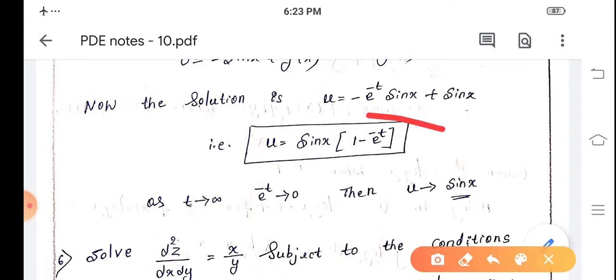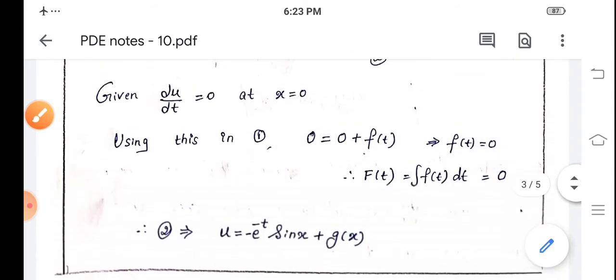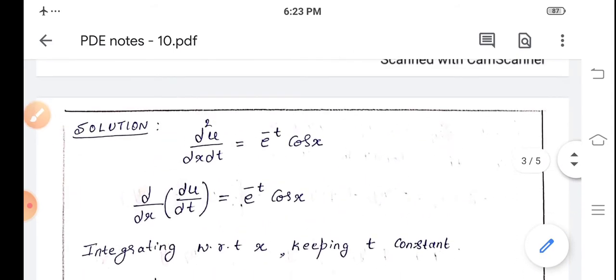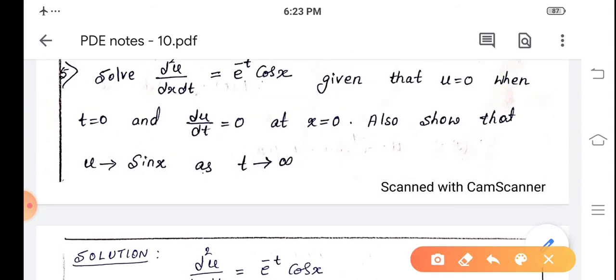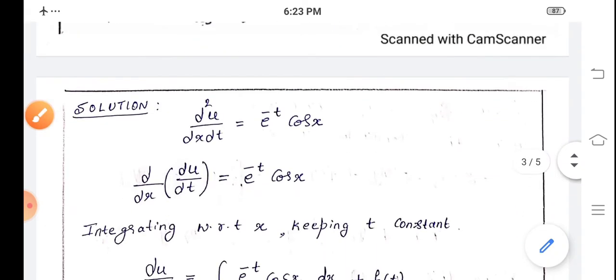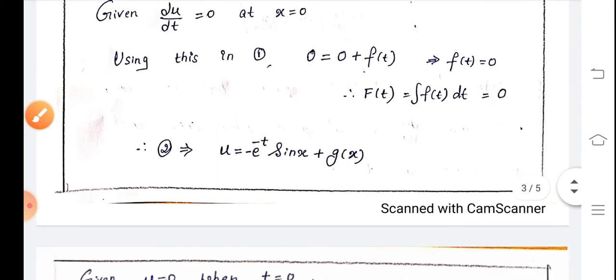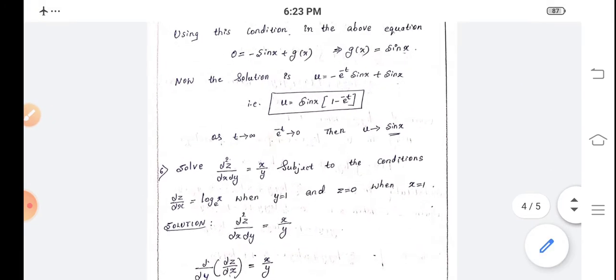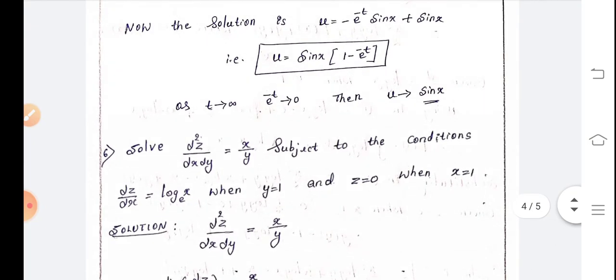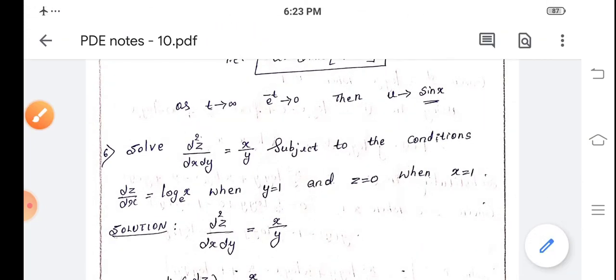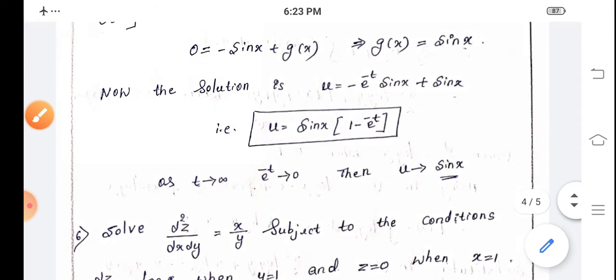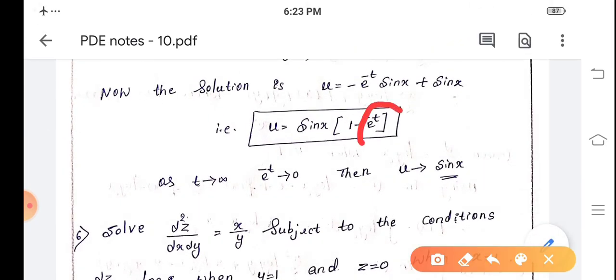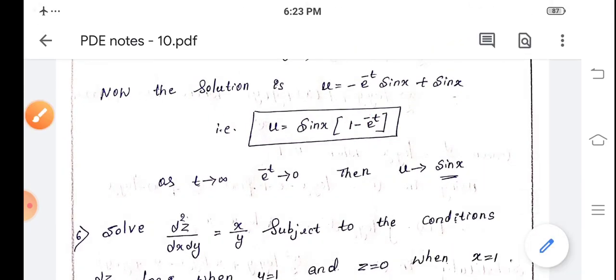This is the solution of the given partial differential equation. And here we have to prove that u approaches sin x as t approaches infinity. Now if we take t approaches infinity, here e to the power minus t tends to 0.